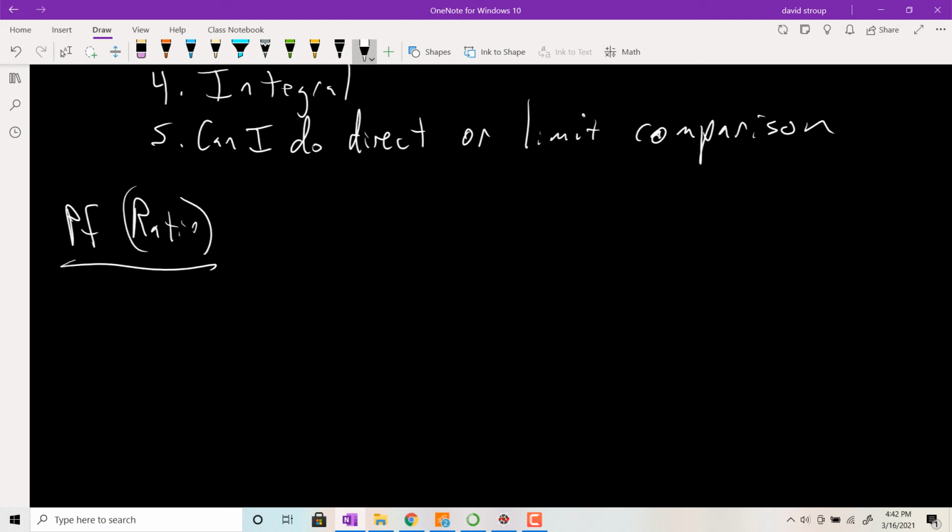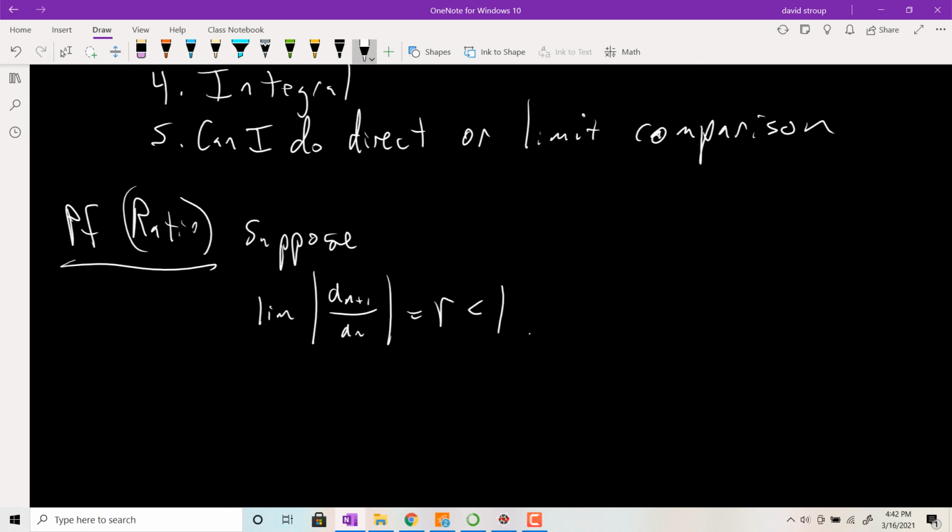So we're going to suppose, we'll prove if r is less than 1, it's convergent. So I'm going to suppose that the limit of the absolute value of a sub n plus 1 all over a sub n is equal to some r value which is less than 1.